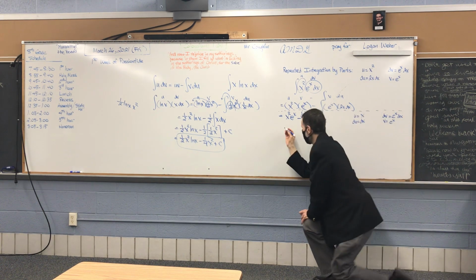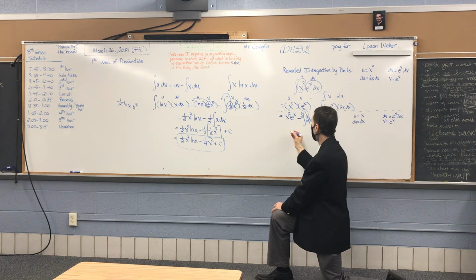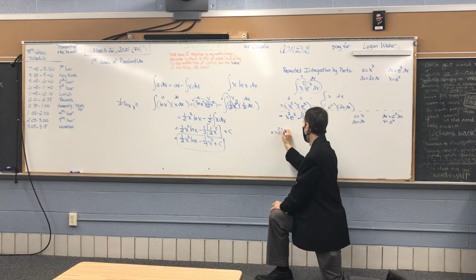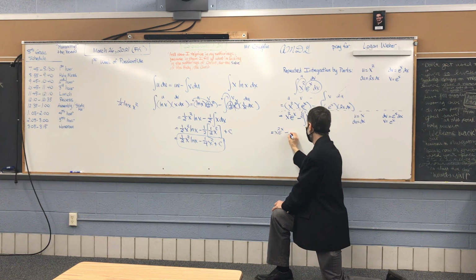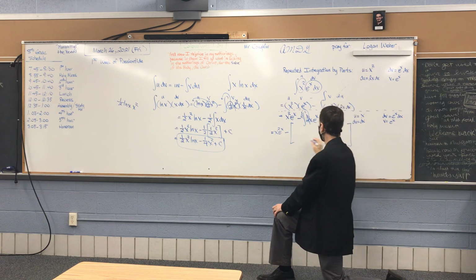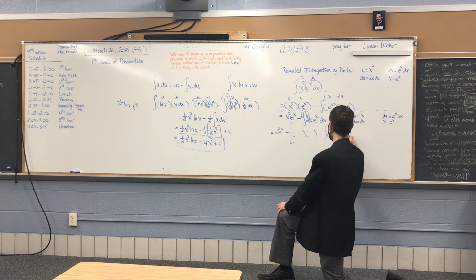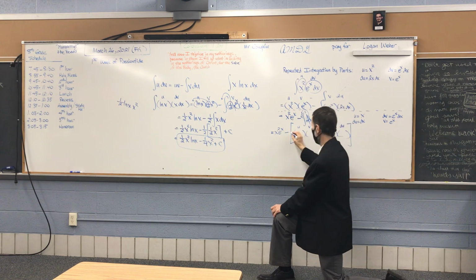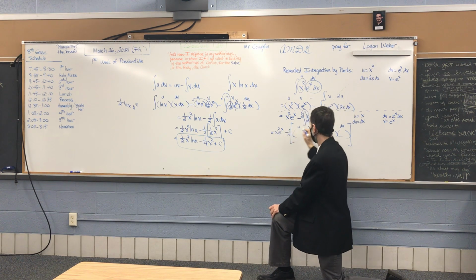So let's do this. I'll leave this part out here. So x squared e to the x, that won't change. Minus this thing. I'm going to put big brackets around it. It's uv minus the integral of v du, and the 2 is way in front.